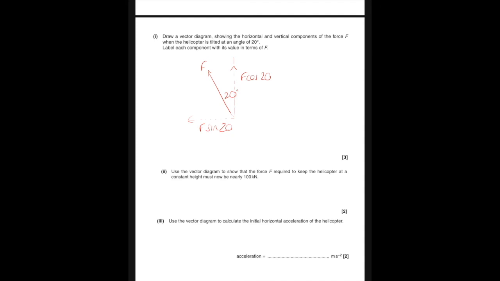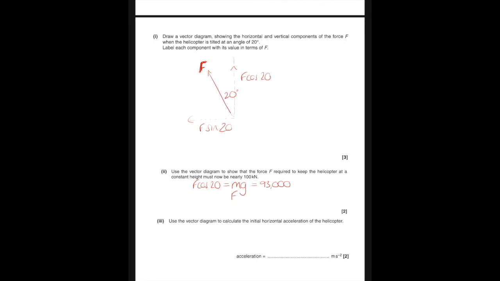Use the vector diagram to show that the force required to keep the helicopter at constant height must now be nearly 100 kilonewtons. So actually it's not F that has to balance out the weight, it's F cos 20. So F cos 20 has to equal at least the weight of the helicopter, and we know that the weight is 93,000, very roughly.